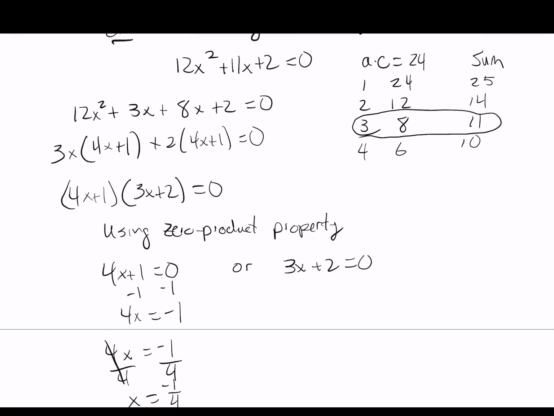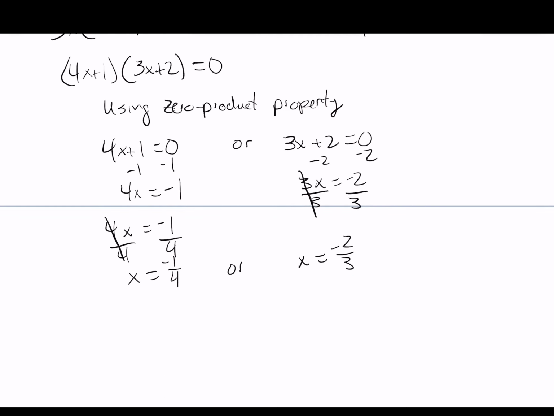And then on the other side, subtract 2 from both sides. We have 3x is equal to negative 2. Divide both sides by 3. 3's cancel. We have x is equal to negative 2/3.